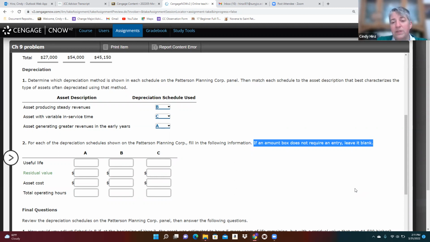But the directions specifically say, if an amount box does not require an entry, leave it blank. And really what they should have said there was, or if it can't be calculated with the information we have. And that will be true for some of this information. There's no way for us to be able to determine what that value should be.